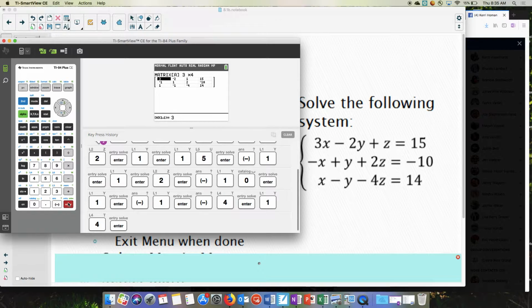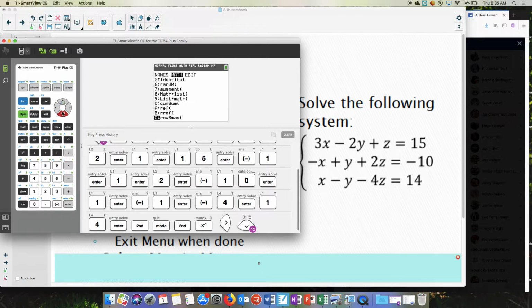We have those numbers entered in. Okay. Quit out. So second quit. You're back to the home screen. Are you ready? Go back to your matrix menu. I want to do something with my matrix, so we're going to go to math. You don't know what any of these mean, but keep scrolling down.